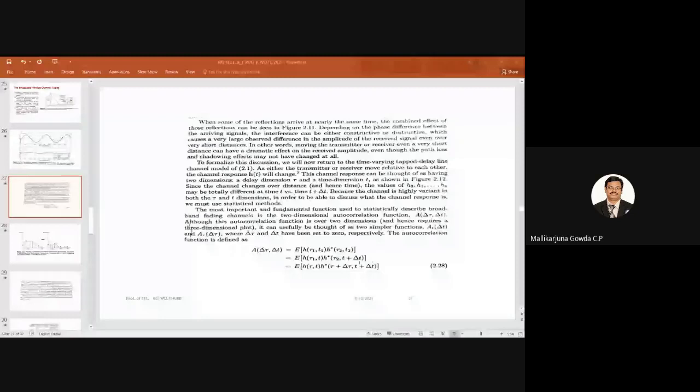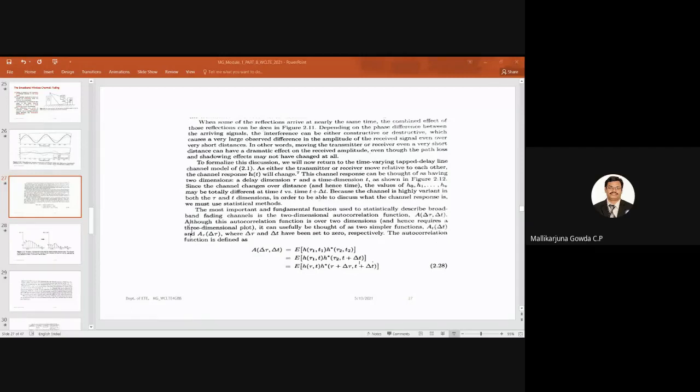A of delta tau comma delta t means change in distance and change in time. It is the expected value of h of tau1 comma t1 and the complex conjugate of h of tau2 comma t2. Here tau1 is a delay and t1 is a time. Just have a look at these three relations.